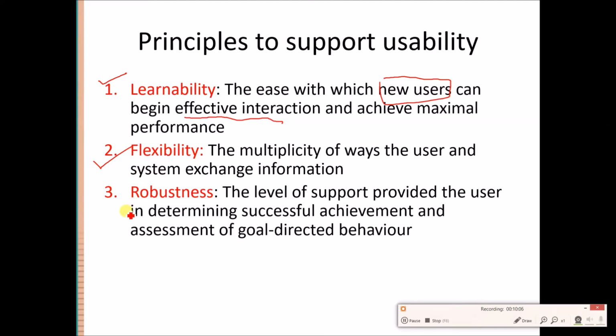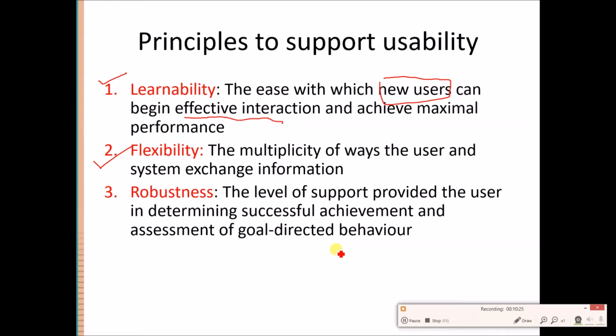The third principle for usability is robustness. The level of support provided to the user determines successful achievement and assessment of goal-directed behavior. So the system provides support in a way that the user can achieve the goal successfully.